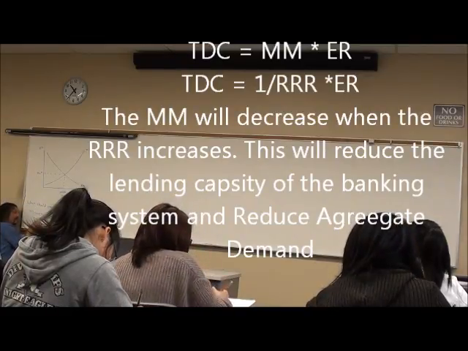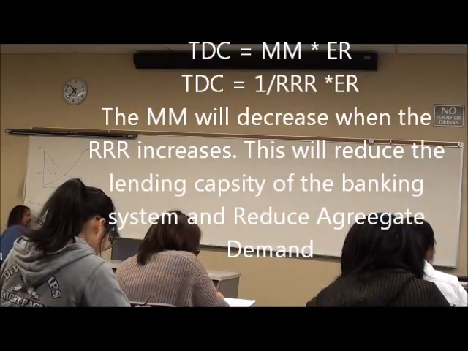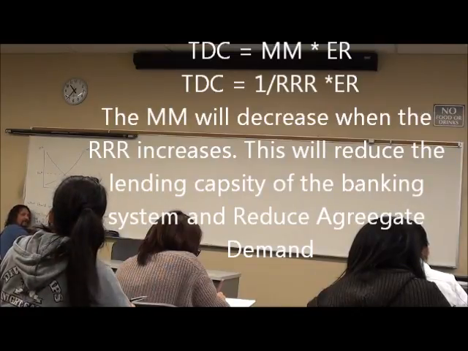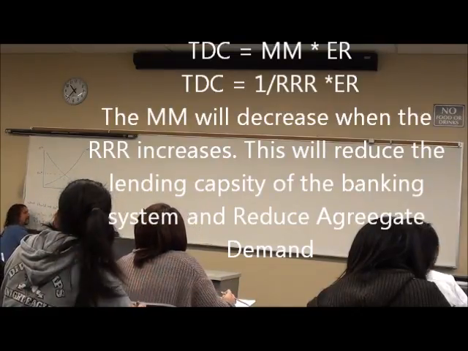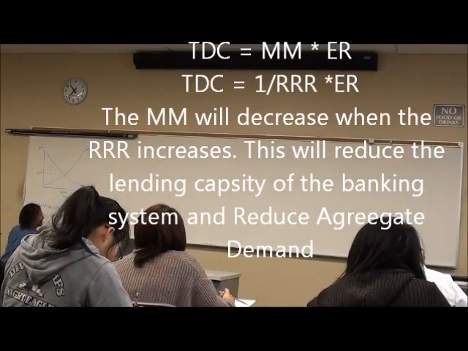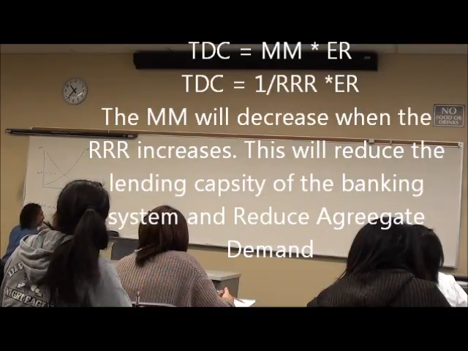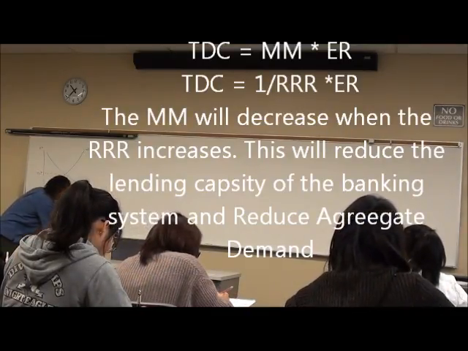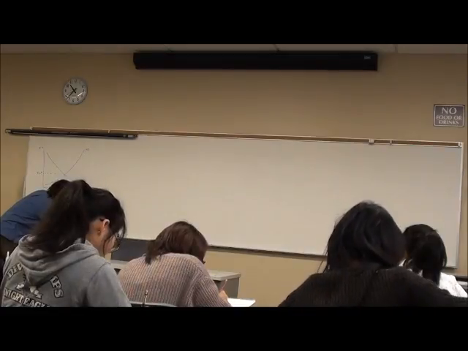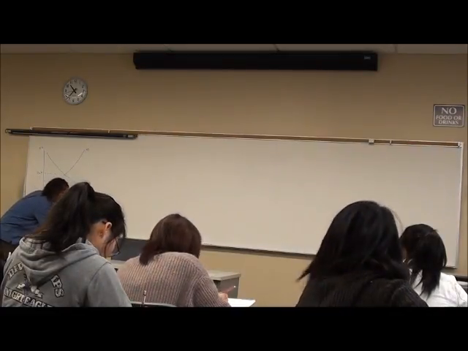So when they do this, this number changes, and this number changes, going down. And you might want to show that in terms of the money supply, and here is the money supply shrinking.